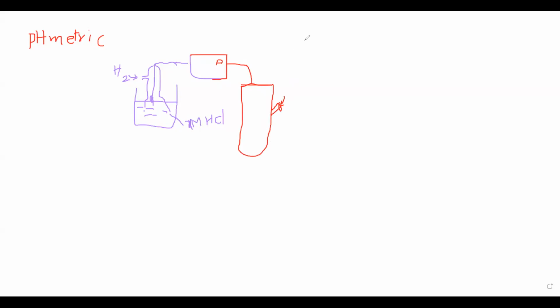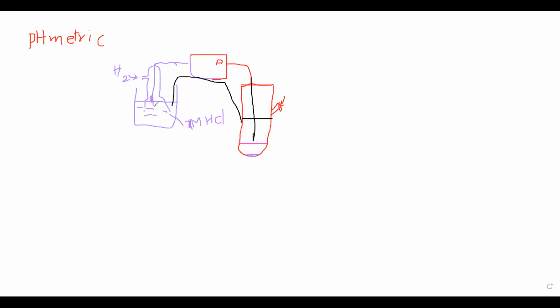Here we have mercury at the bottom layer, in the middle layer we have calomel, which is a solid, and in the top layer we have KCl solution. Through this, a platinum wire is dipped, which again acts as an electrode, and this is connected by means of a salt bridge to this one. This is the construction of the cell.